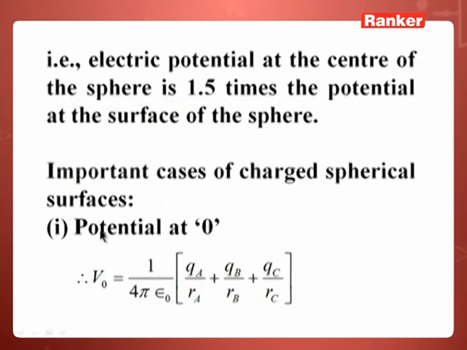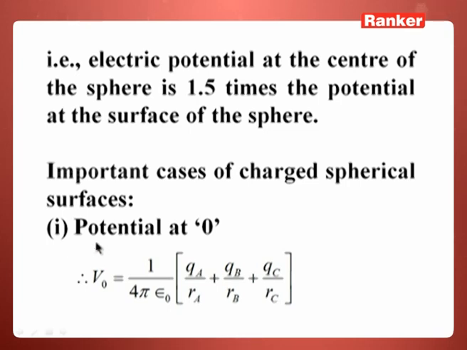Potential at O is VO, which is 1 by 4 pi epsilon naught into QA by RA, charge on the first sphere by radius of the first sphere, plus QB by RB, charge on the second sphere by radius of the second sphere, plus QC by RC, charge on the third sphere by radius of the third sphere.